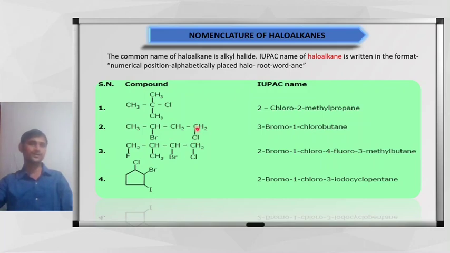So numbering should be given from this side: number 1, number 2, number 3, and this is number 4 carbon. So the name of this particular IUPAC system is 3-bromo. So why do we take 3-bromo?